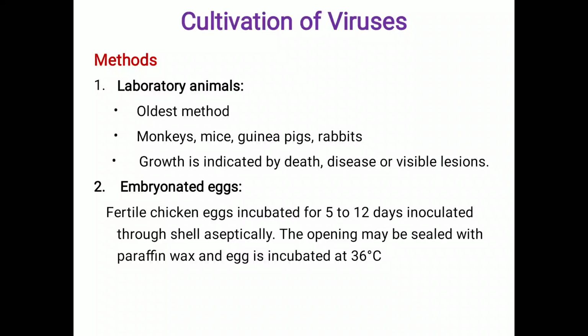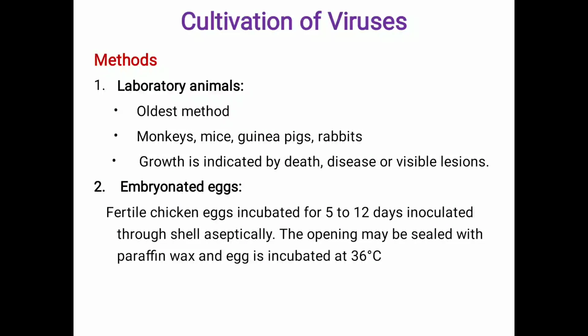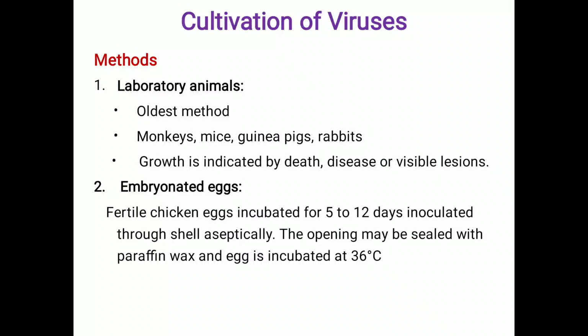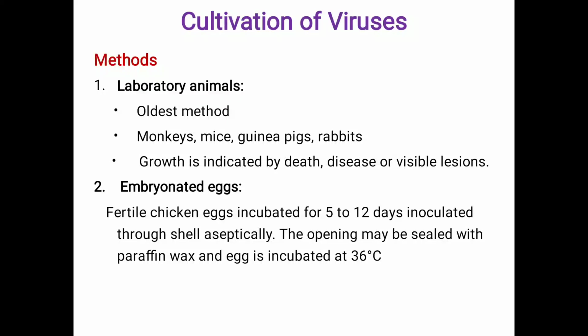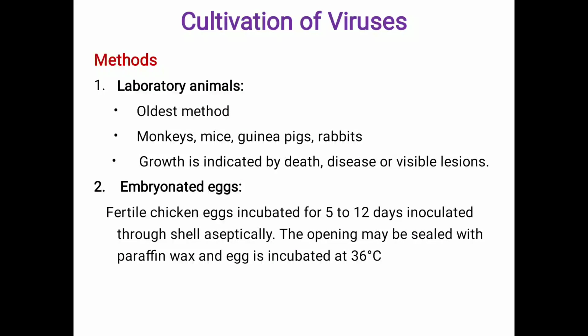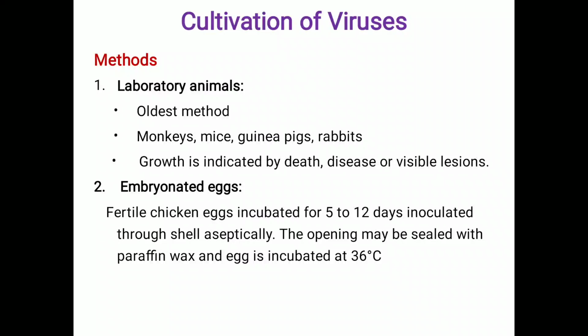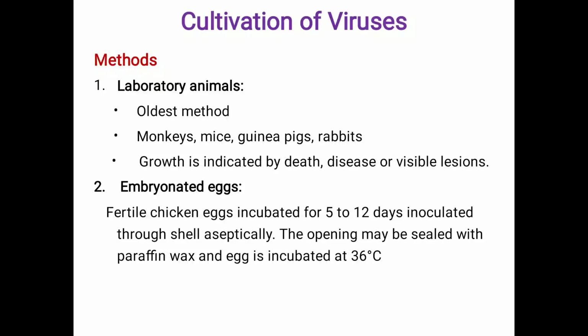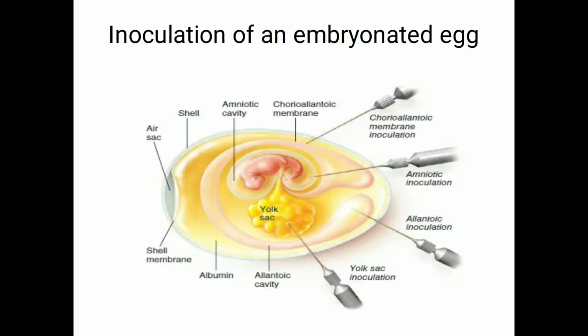Then the opening is sealed with paraffin wax, and that egg is incubated at 36 degrees Celsius for the time required for the growth of virus. The duration of incubation may depend on the type of virus and the route of inoculation. Viruses may kill the chick embryo or produce specific evidence of viral activity, such as production of pox on the chorioallantoic membrane, as well as many more.